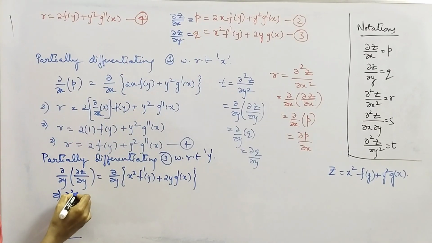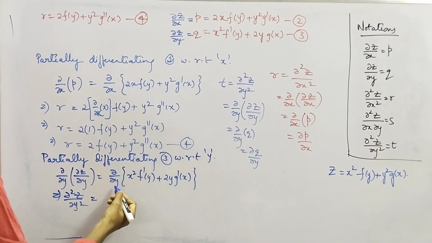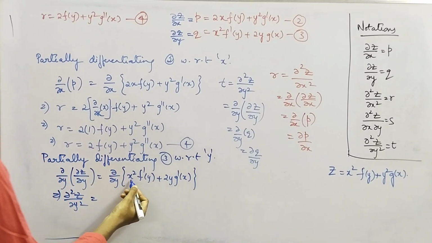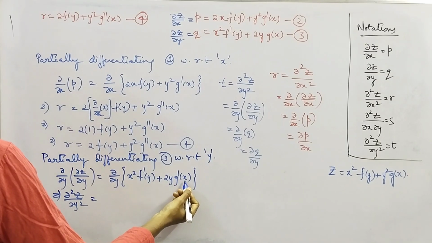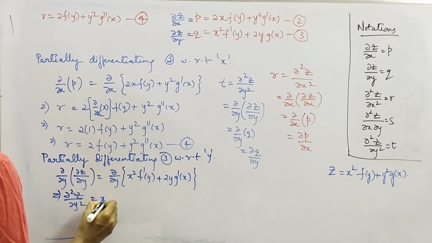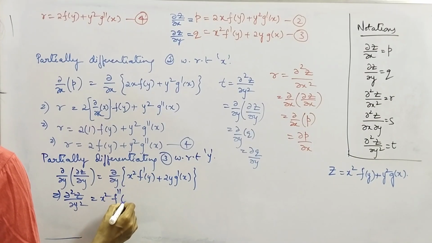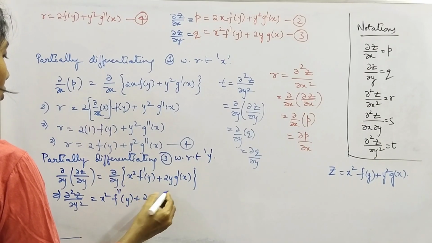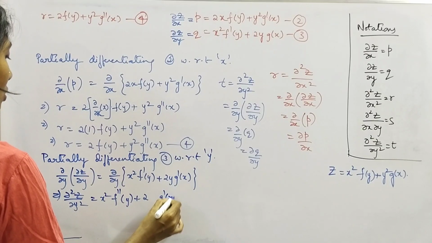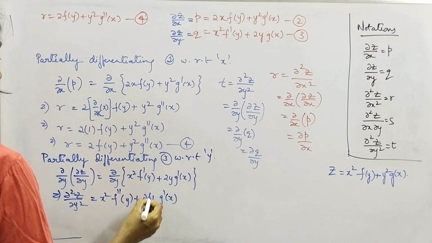And this gives us dou square z by dou y square equal to, here we are partially differentiating with respect to y, so we'll treat x square as constant and g dash of x as constant. You'll get constant into the partial derivative of f dash of y with respect to y, which is f double dash of y, plus 2 into the constant g dash of x into the partial derivative of y with respect to y, which is 1.